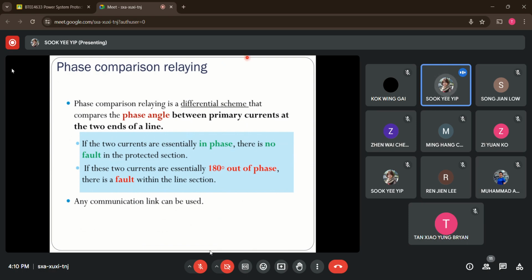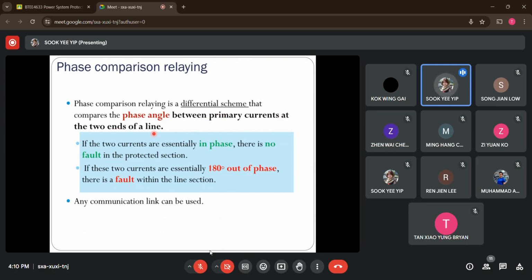Right now we'll start to discuss another type of pilot protection scheme known as phase comparison relaying systems. This protection system makes use of the differential protection scheme, whereby it compares the phase angles between the measured primary currents at both ends of the transmission line.